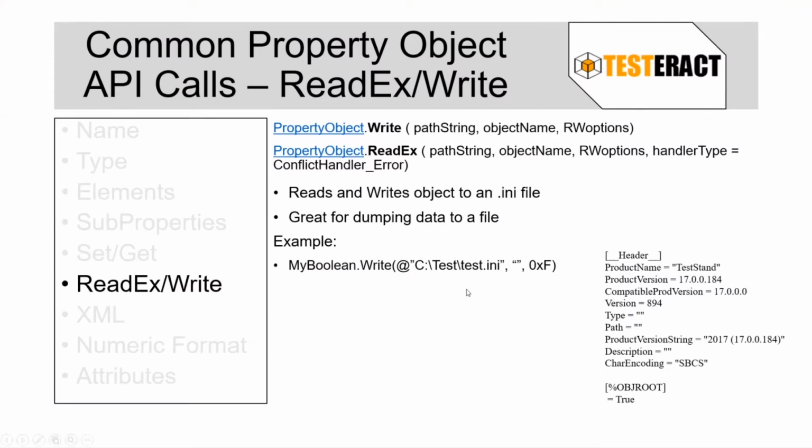So those are handy. The other thing you can use these for is you can write data out to a file and then tweak it and then read it back in. So if you want to change values, you can have a whole bunch of property object files sitting out there, and you can read those back in and assign them to the local variable, so that you can get back to a certain state if you wanted to.